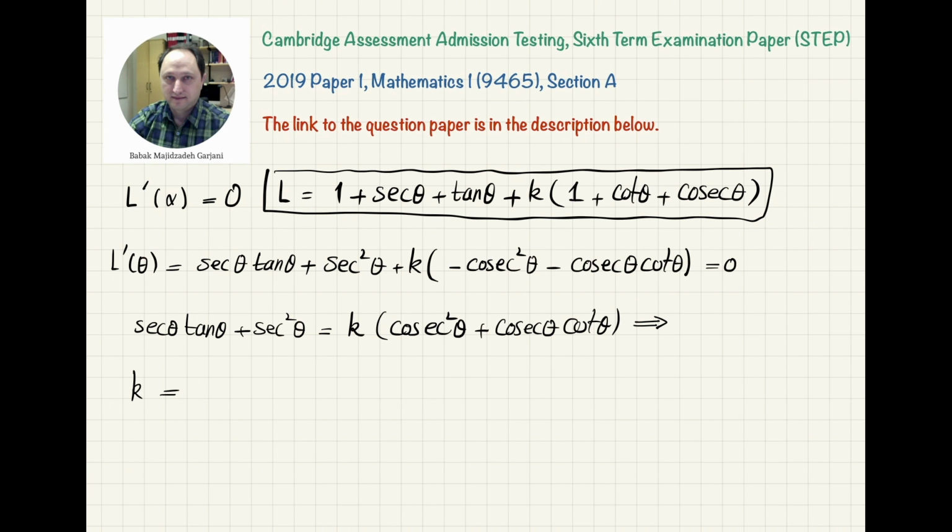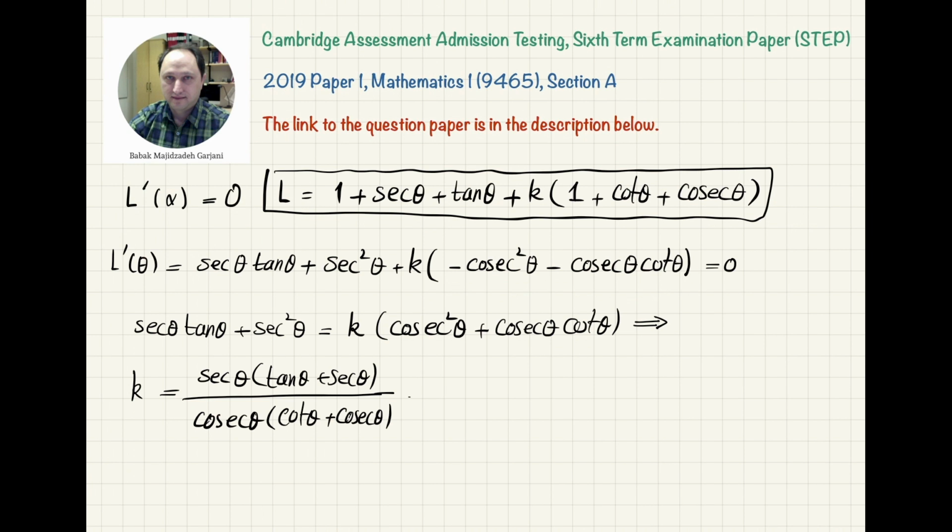I can factor secant theta out here, so this becomes secant theta times tangent theta plus secant theta, divided by, here I can factor cosecant theta out, and I would be left with cosecant theta times cotangent theta plus cosecant theta.